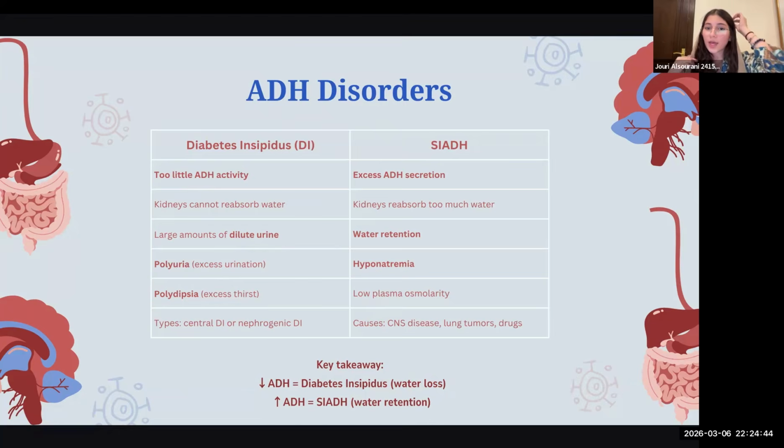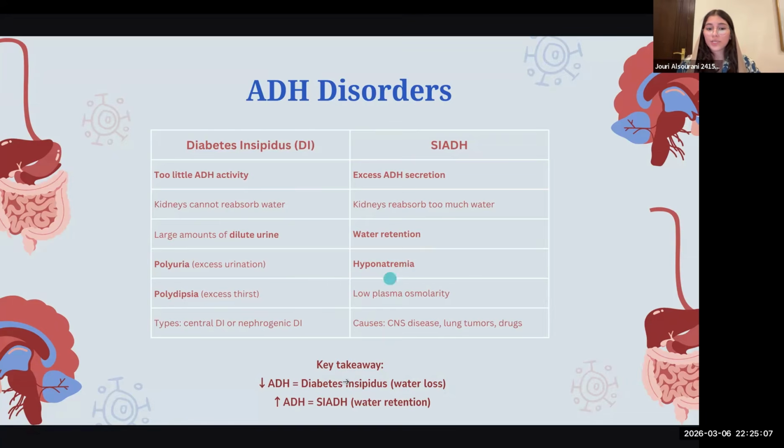We're losing the water. And in SIADH, we have an excess of ADH secretion. So we have a lot of ADH. And what's happening here is the kidneys are absorbing too much water, more than they should be. So now we're retaining water. We're also going to have hyponatremia, because we're going to have electrolyte imbalances now.